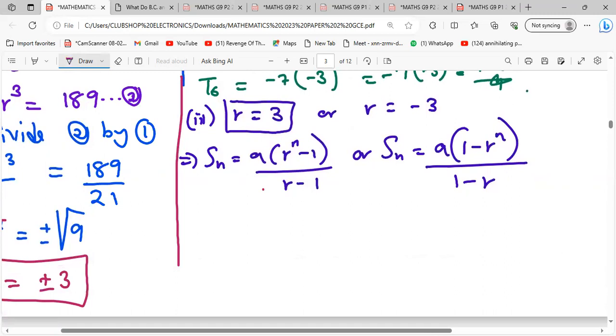So to find S5, the sum of the first 5 terms.